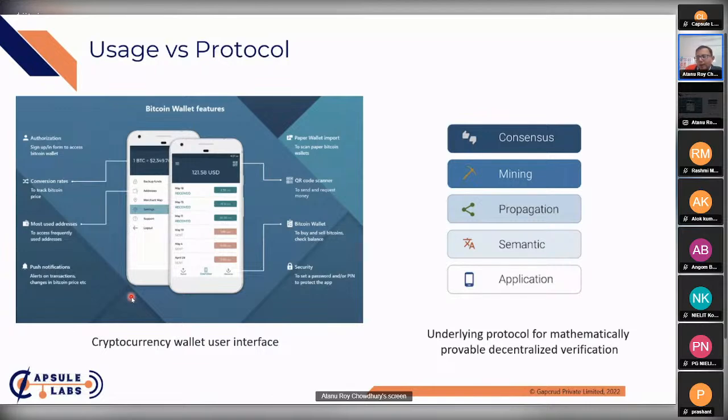Is a user's key stored directly on their mobile phone and in the user interface itself, or is it stored at the exchange, or somewhere else? So it depends on the level of decentralization, and this is an architectural choice that you have to make for your particular application. There are several configurations that are available.